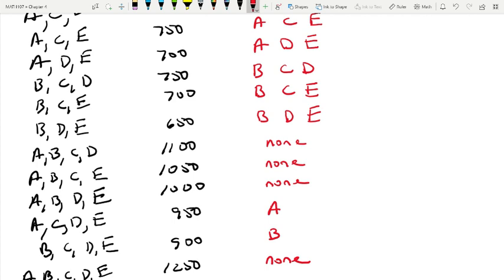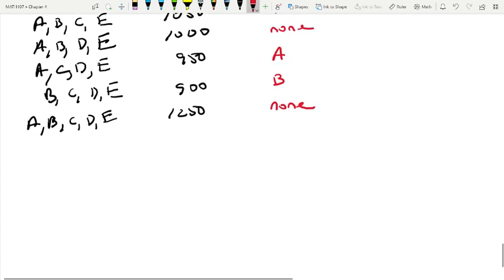So now we're going to do some calculations with this, and we're going to get what is called the Banzhaf Power Index. So we're going to calculate the Banzhaf Power Index.